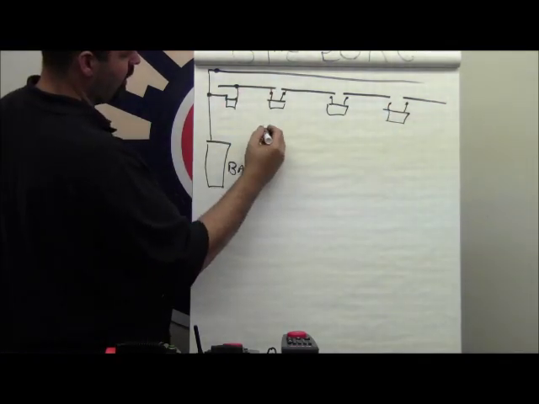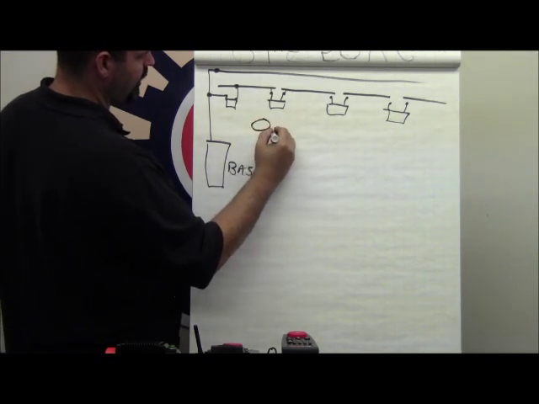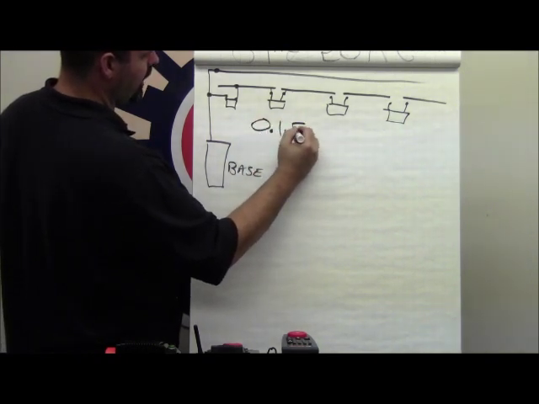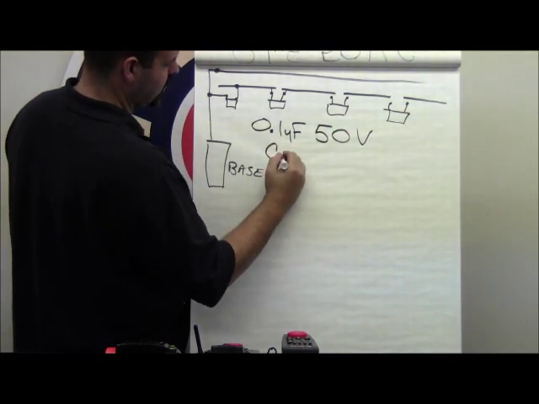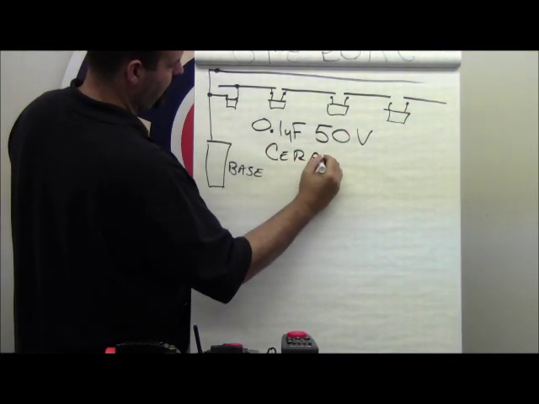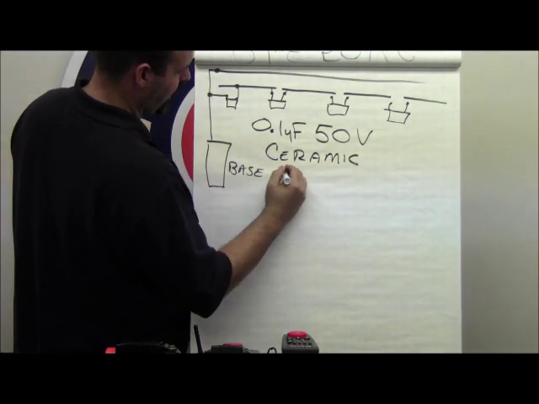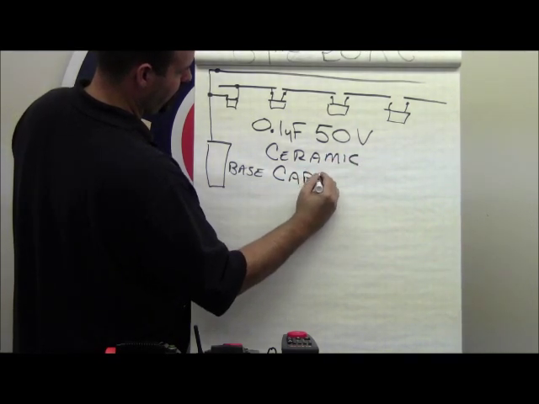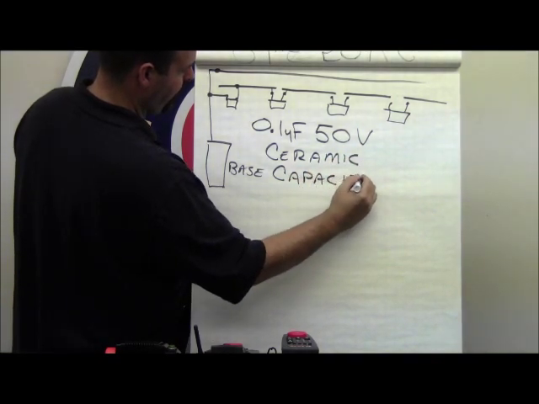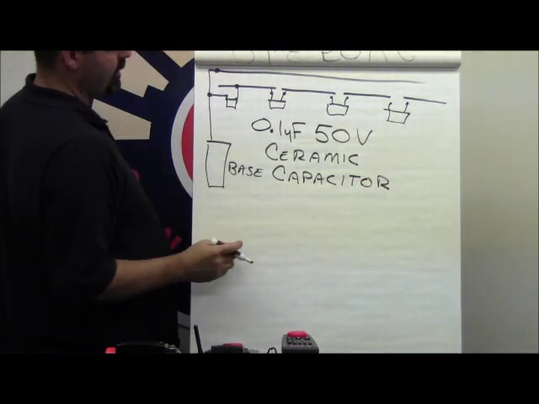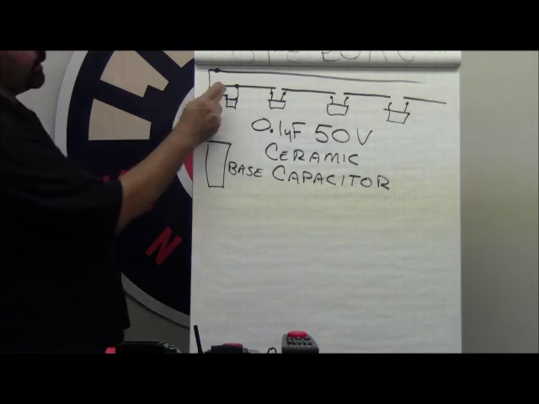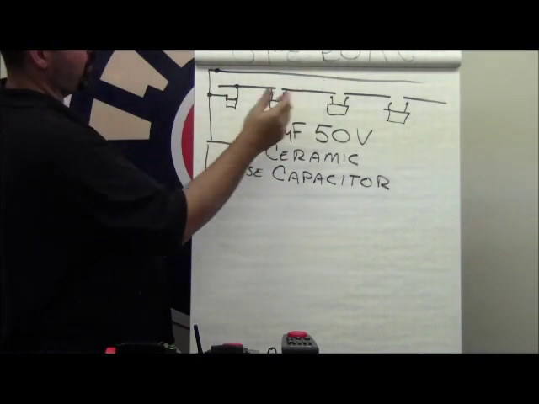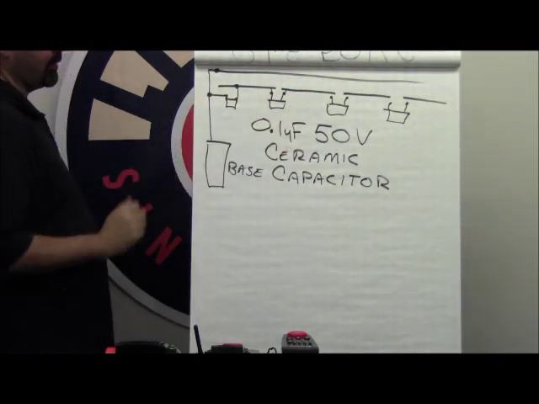And again, that capacitor is a 0.1 microfarad 50 volt ceramic capacitor. If you have a large layout with a long insulated outside rail with several blocks, you're going to need a lot of them.